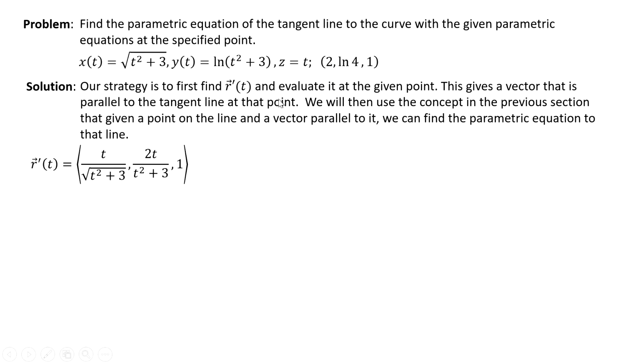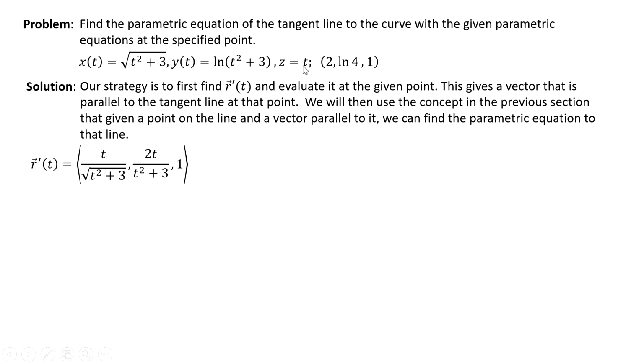But let's be a little careful here. When we got t squared to be 1, t could have been either positive 1 or negative 1. Which one should we use? Oh, it doesn't matter, man. Oh, really? If I take t to be negative 1, is z satisfied?